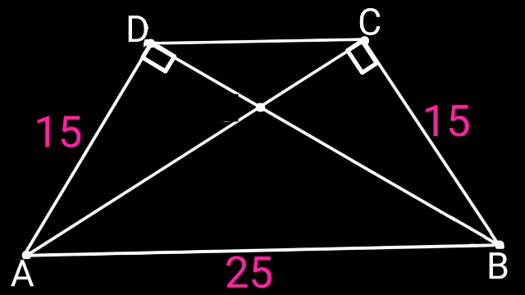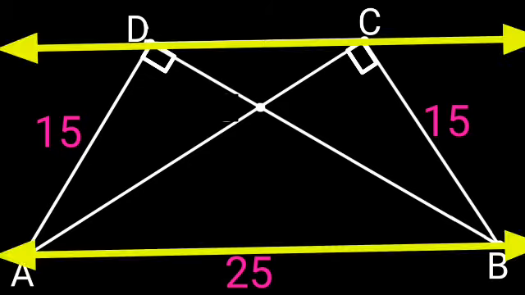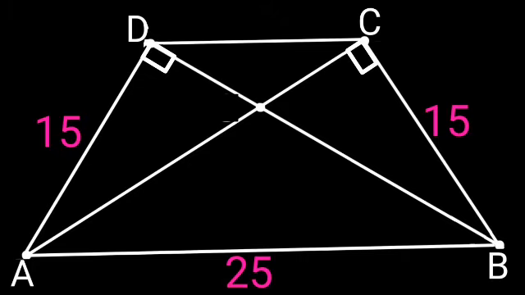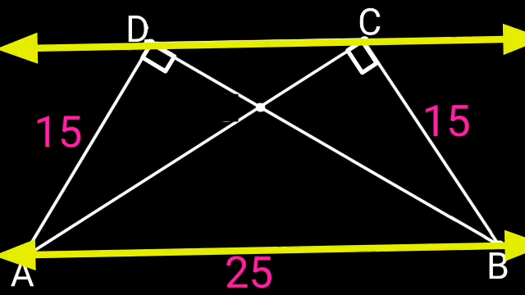In this figure we have given trapezium ABCD. DC is parallel to AB.